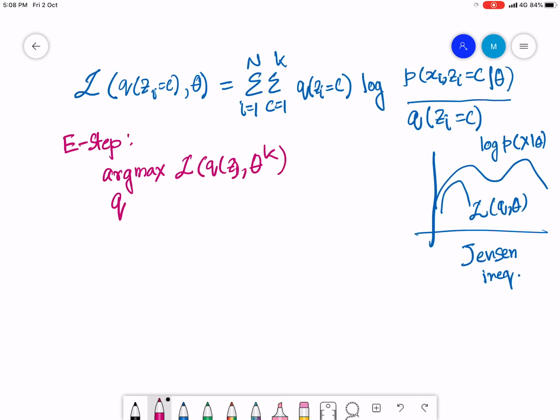We know this is a lower bound, so it cannot exceed this quantity. Instead, at a particular theta k, I want to find which q is the topmost one.